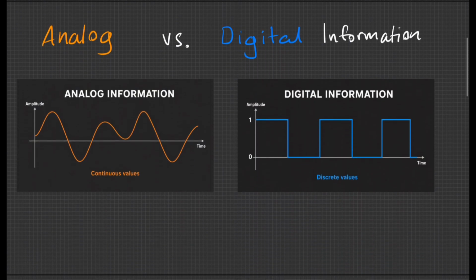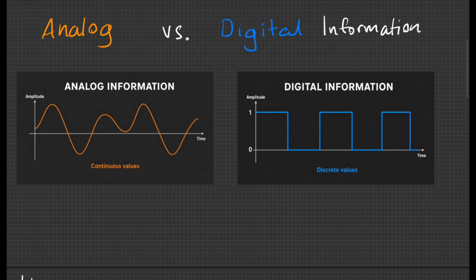First, you need to understand the difference between analog information and digital information. Computers can be built with both analog and digital information, but they represent very different things. Analog information is a continuous strand of information.